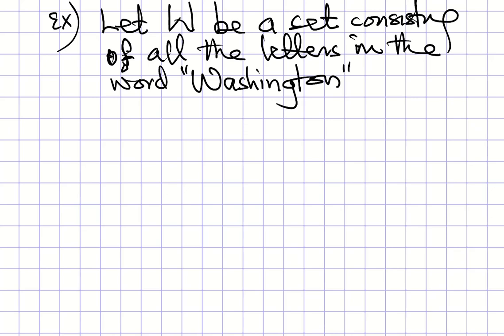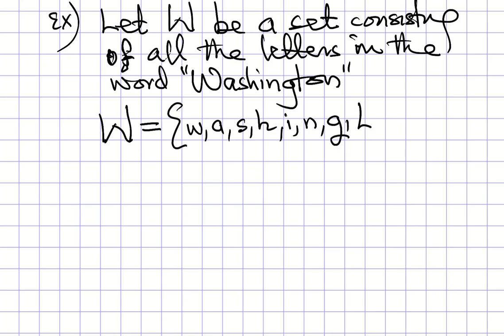First, let's form the set. So we said W is equal to what? Now pay attention. It consists of W, A, S, H, I, N, G, T, O. We don't write N again because there's already an N here.